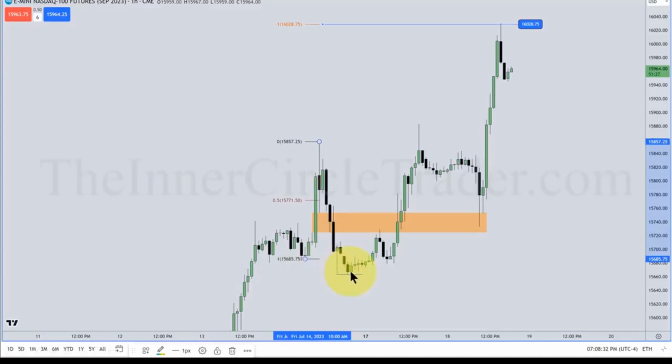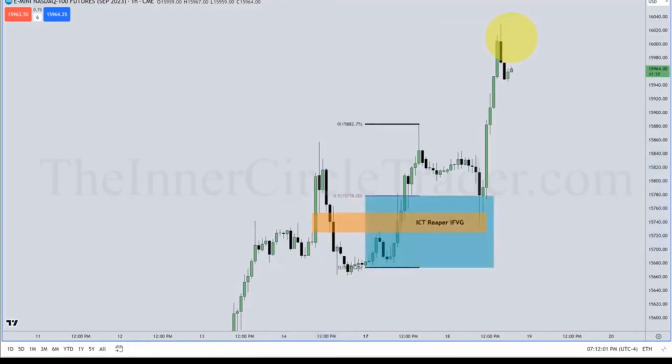But for swing projections, for targeting purposes, all we're doing is taking the low to the high, 1 standard deviation. That's what we're looking for. 16,028.75. I think it went 1 handle above it. Is that precise enough for you? We're going to go a little bit beyond that now.